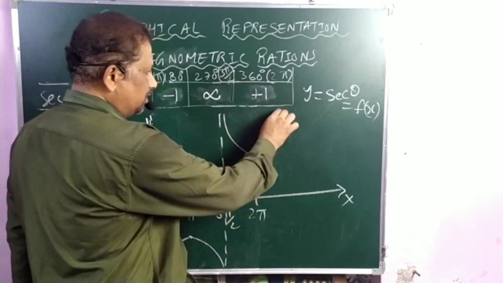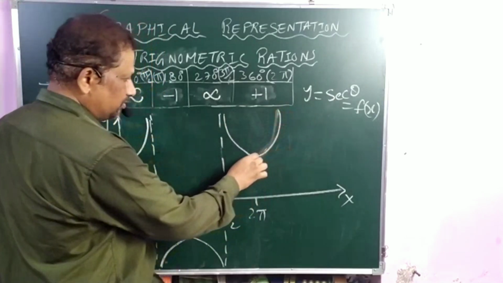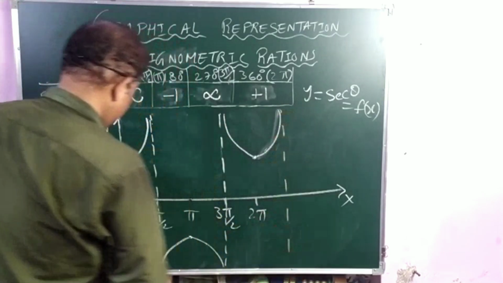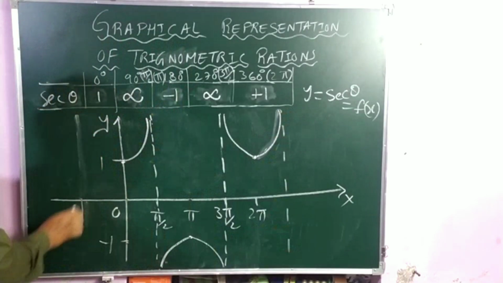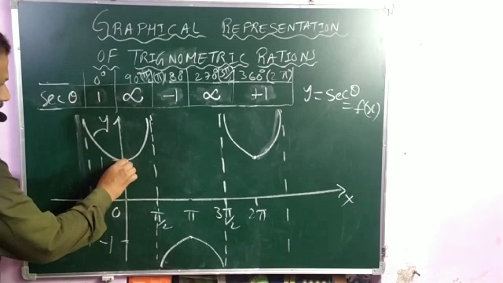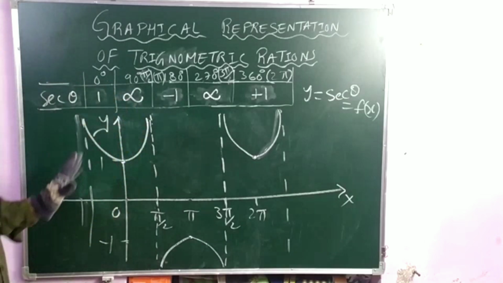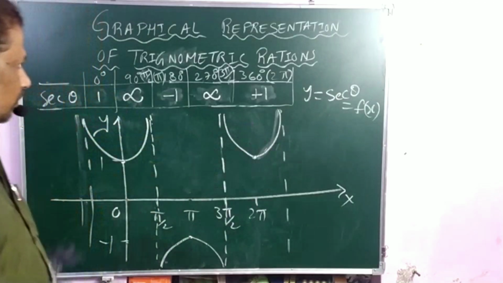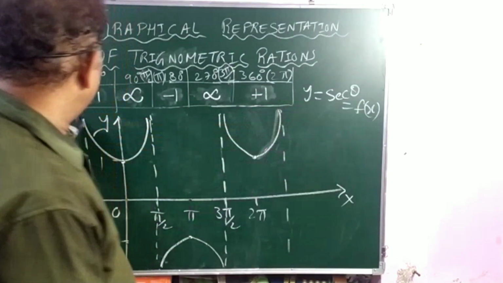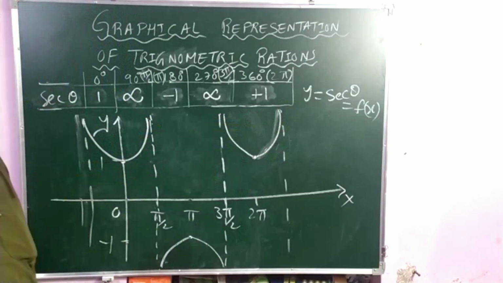Again this graph goes like this. If you construct further, here also it goes like this. This is the representation of secant on the graph. So y is equal to secant theta. This is the secant theta graph.